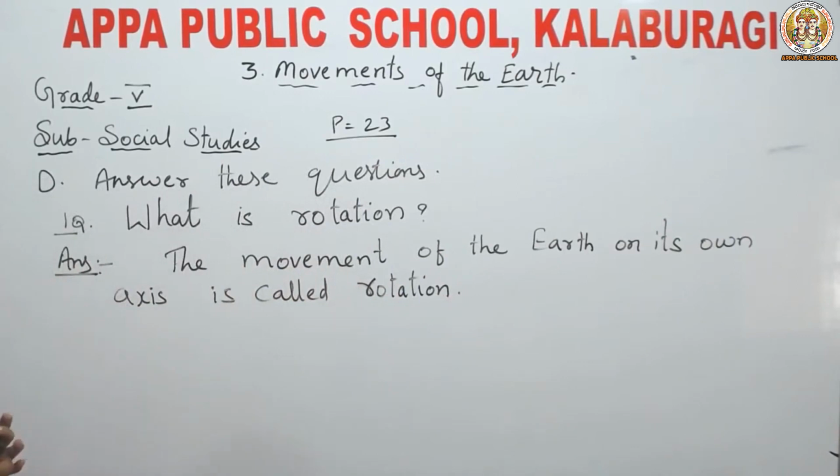See children, what is rotation? The movement of the Earth on its own axis is called rotation. Okay, the Earth rotates. How much time does the Earth take for one rotation? The Earth takes 24 hours for one rotation. Understood? Second question now.